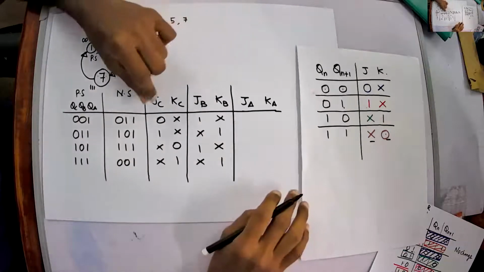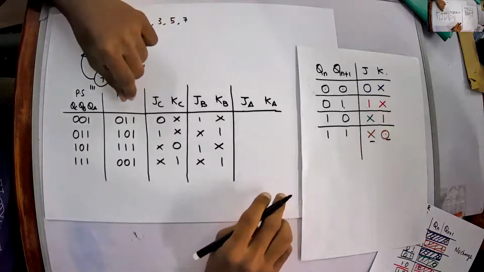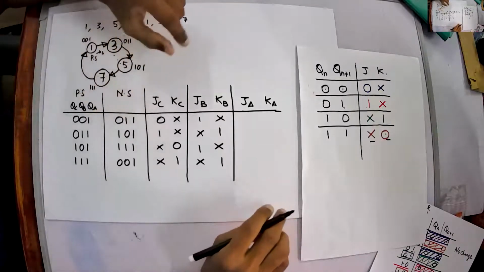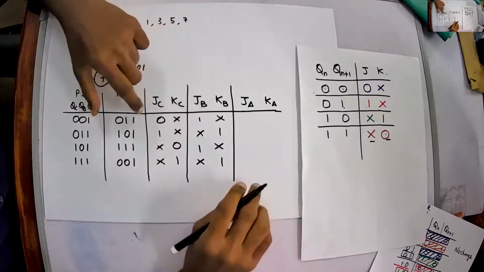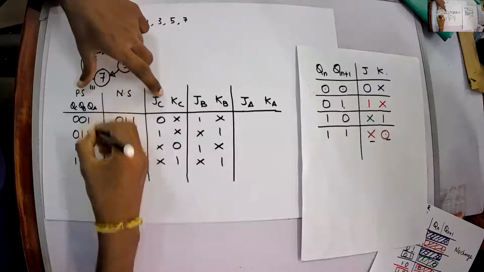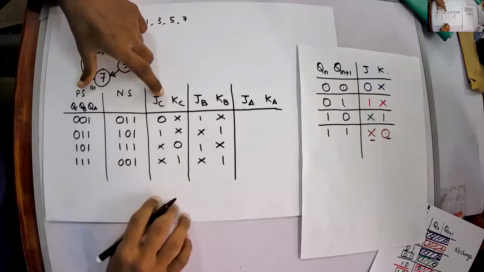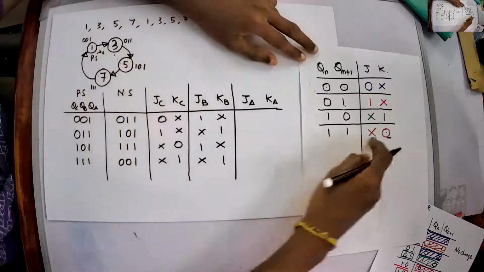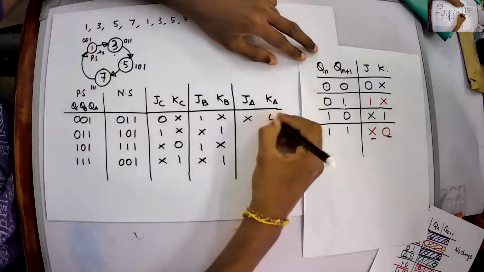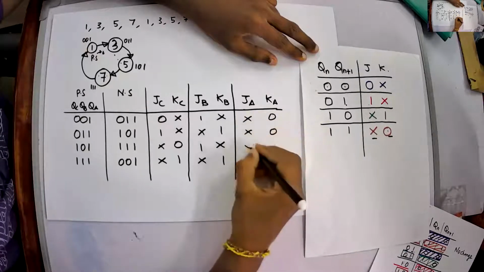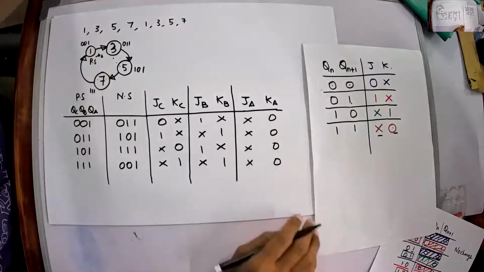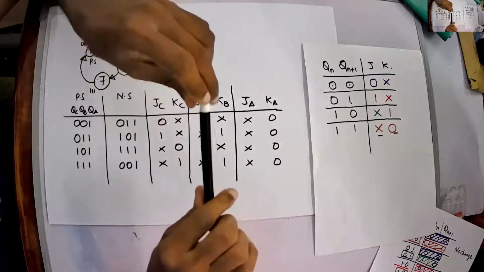Clear? Now look at here, all 1 and all 1. QA all 1 and 1, 1 1 is actually x 0. Clear? X 0.